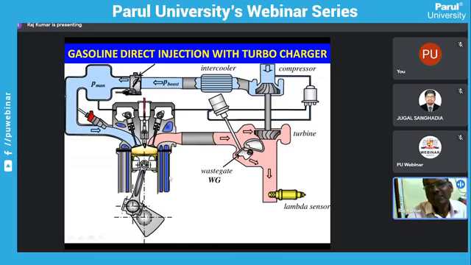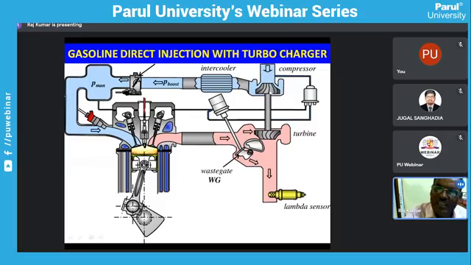So here we have seen, this is a turbocharger which runs by the exhaust gases. On the turbocharger, we have two devices. At the one end, the turbine is mounted. At the other end, the compressor is mounted. The compressor will suck the fresh, clean air from the air cleaner.